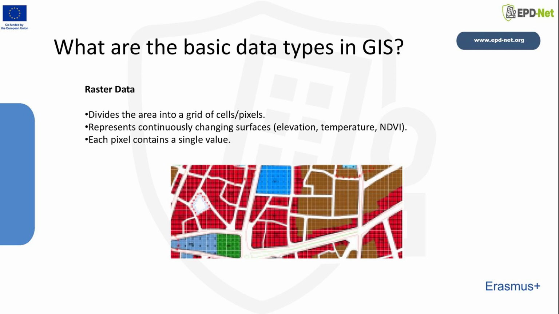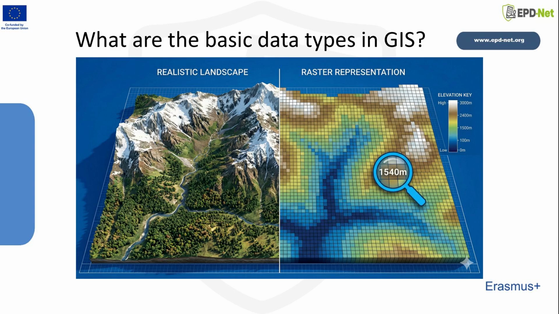In the context of ecological planning, raster data plays a critical role in understanding environmental processes and spatial patterns. It is widely used in analyses such as topographic modeling, hydrological analysis, climate assessment, vegetation analysis, and risk mapping. Raster layers provide the environmental context within which planning decisions are evaluated.